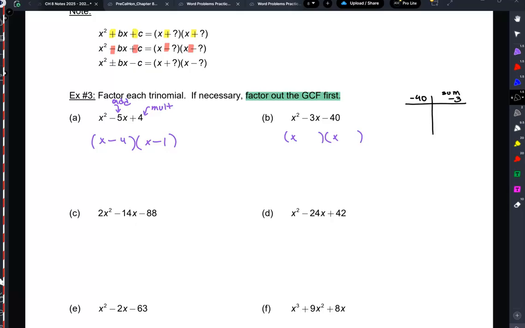Okay, so let's see. So what are we gonna get? 40 and 1, that's never gonna work. Oh, look at you. -8 plus 5. Yeah, that does give you -3. So that's the one. -8 plus 5.